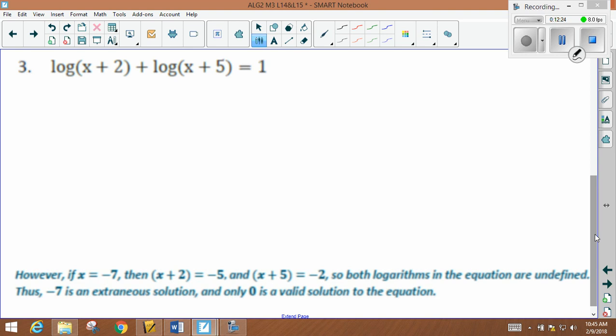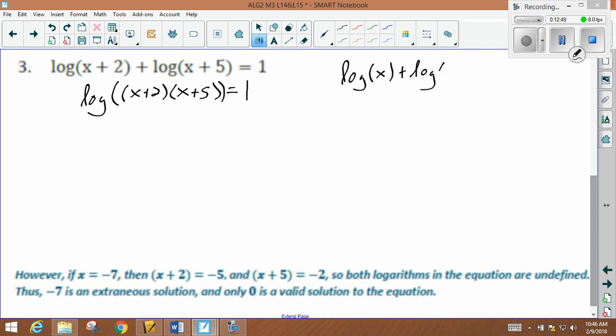I'm going to use my property that tells me that I can write this as the log of the product of my logs, right? I'm using the property that tells me that if I have log of x plus log of y, that is equal to log of x times y.